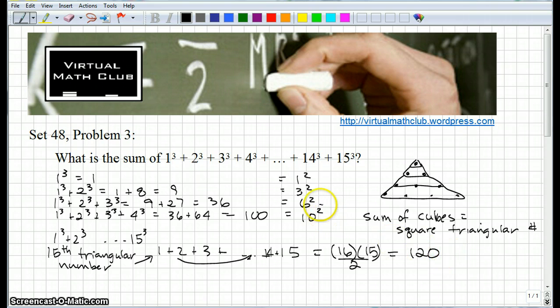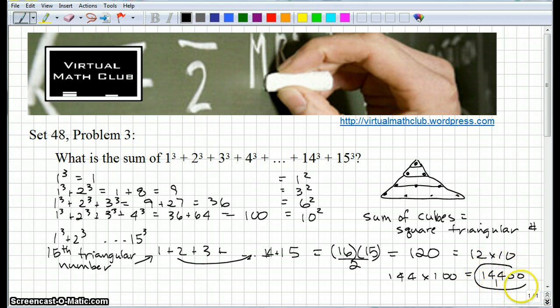And if our pattern holds, then the sum of the 15 cubes here should be equal to the 15th triangular number squared. So if we square 120, this is essentially 12 times 10, and if we square that, it's equal to 144 times 100, which is 14,400.